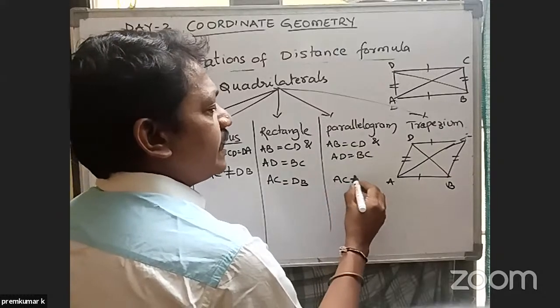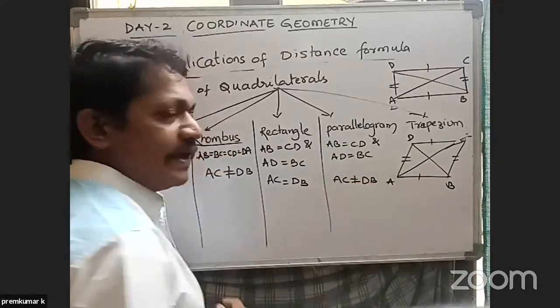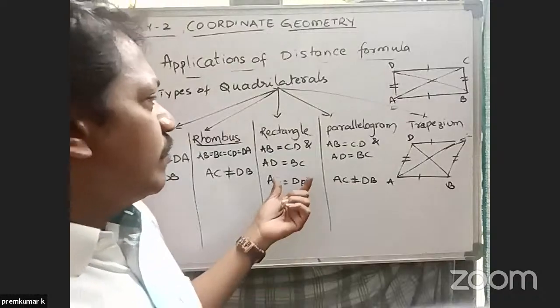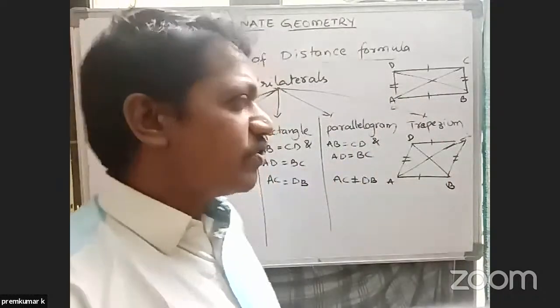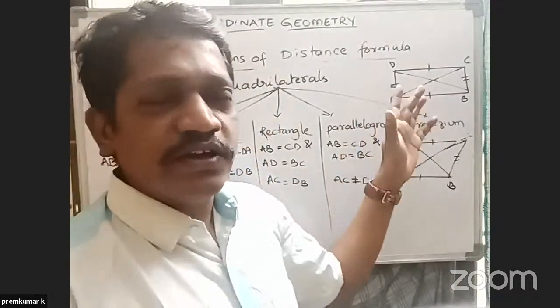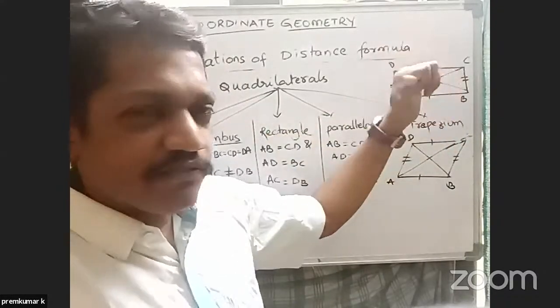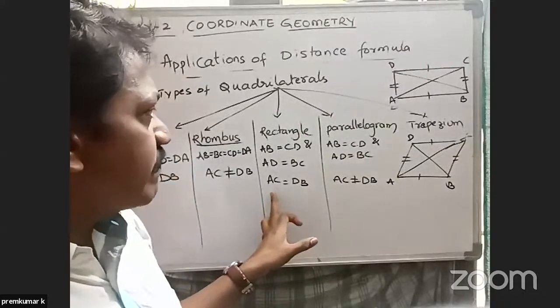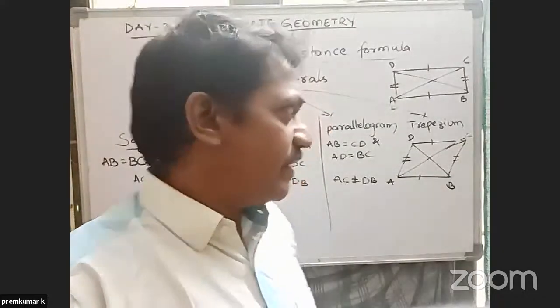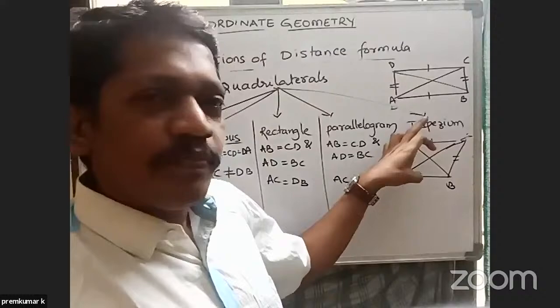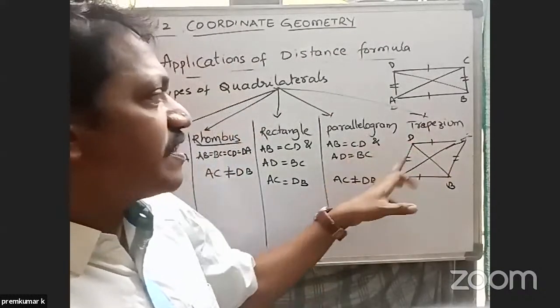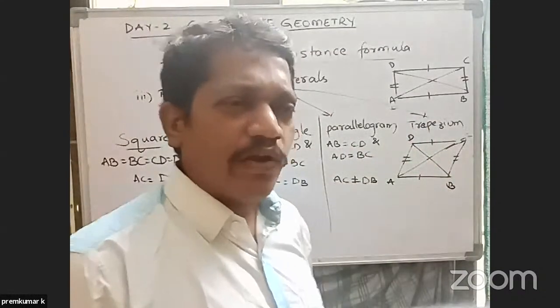Here, AC is not equal to DB. We have to find the lengths of all four sides and diagonals. If opposite sides are equal and diagonals are also equal, then it is a rectangle. If opposite sides are equal and diagonals are not equal, then it is a parallelogram.